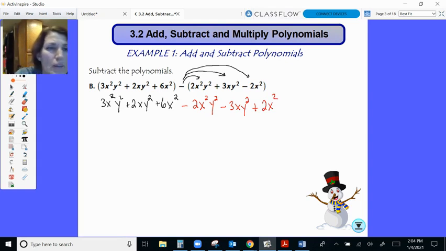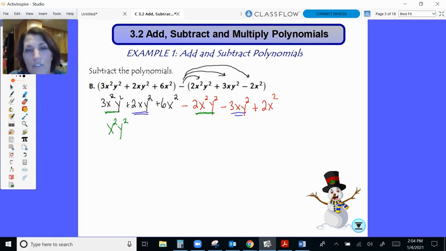Now I just need to go about combining my like terms. Like terms have to have the exact variables and powers. So x squared y squared here would go with this x squared y squared here, which would leave me with 1x squared y squared. Then I'm going to go with my 2xy squared right here and the negative 3xy squared right here.